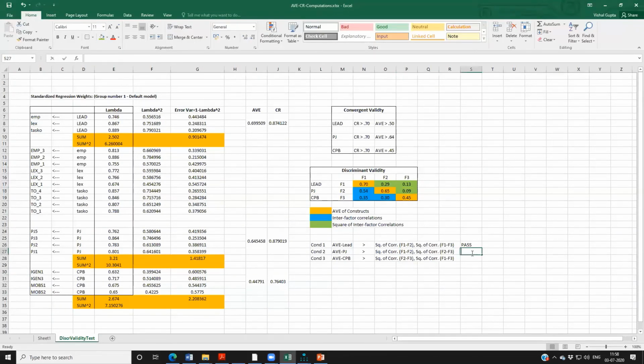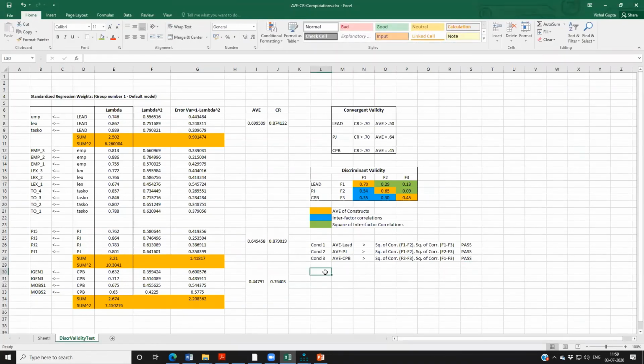This condition passes. And the third one is AVE of CPB should be greater than the square of correlation F2, F3 and the square of correlation F1, F3. And this condition also passes.